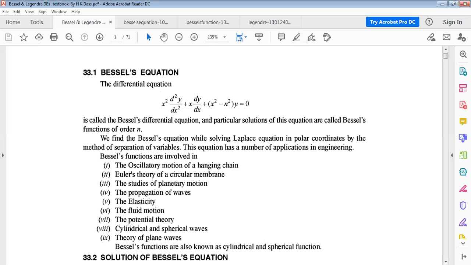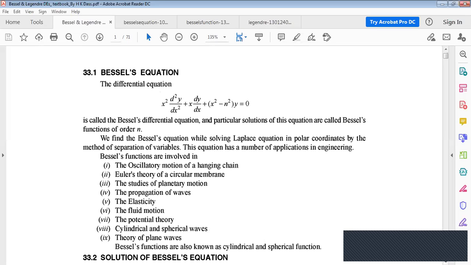Potential theory, the cylindrical and spherical waves. There are different types of waves. One is cylindrical and the other is spherical waves. Theory of plane waves. Bessel functions are also known as cylindrical and spherical functions. Remember it.